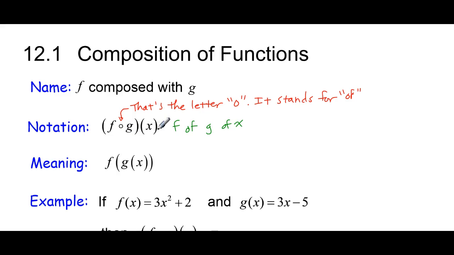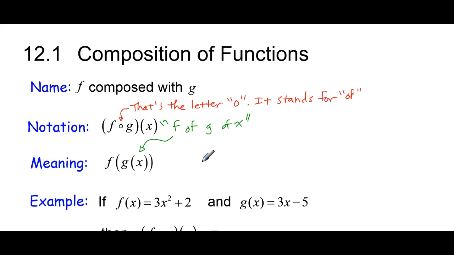F of g, parentheses, of x. And if you read these words here, these words translate directly into the meaning. So it's supposed to be a self-explanatory notation if you know what the little circle is.